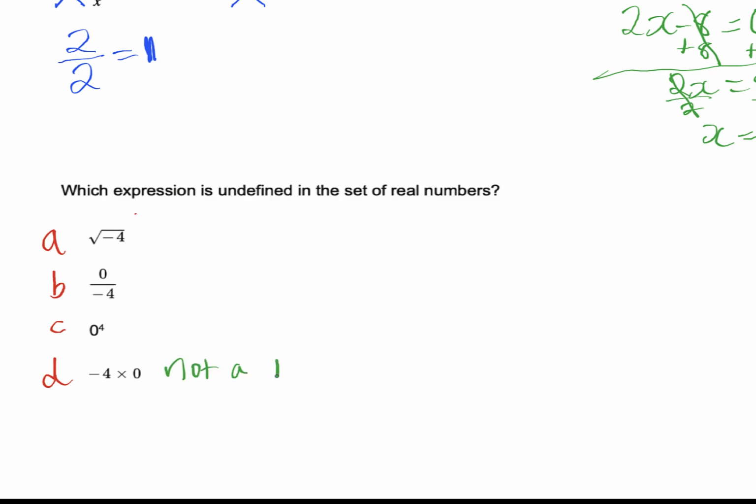Not a fraction. Which means this is not undefined. C also is not a fraction. So, not undefined. B is a fraction, but the denominator is negative 4. It is not 0. So that is not undefined.